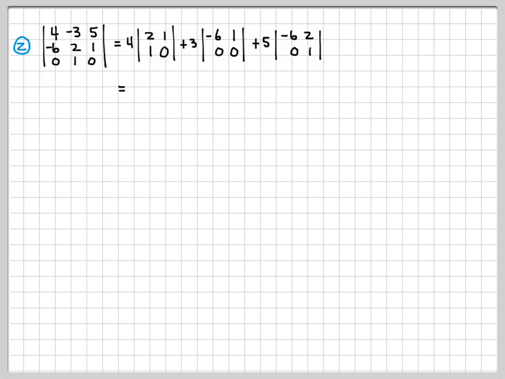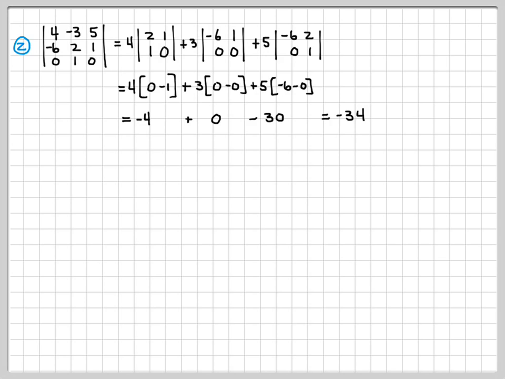We have 4 times 2 times 0 minus 1, which is just 0 minus 1. And then plus 3 times, and negative 6 times 0, there's going to be zeros on both spots, plus 5 times a negative 6 minus 0. Do some simple addition and subtraction, and we end up with a negative 34 for this term.